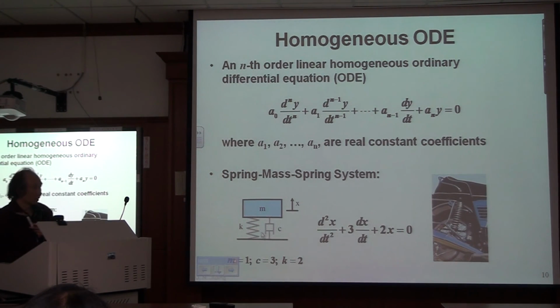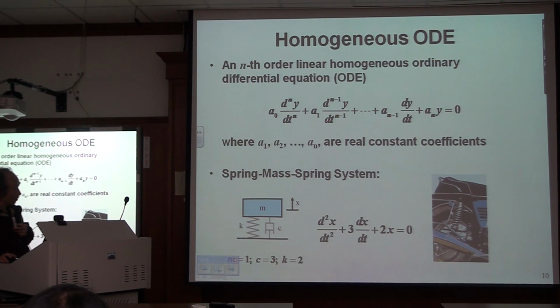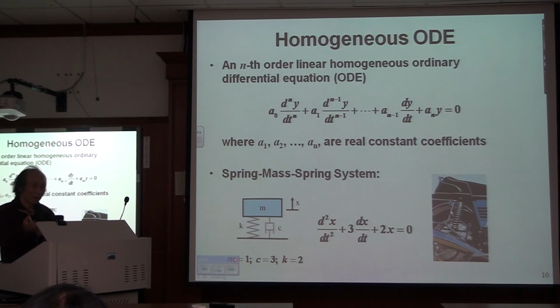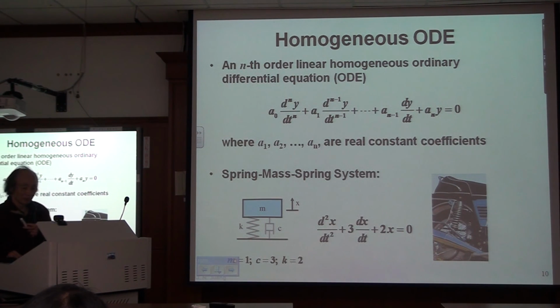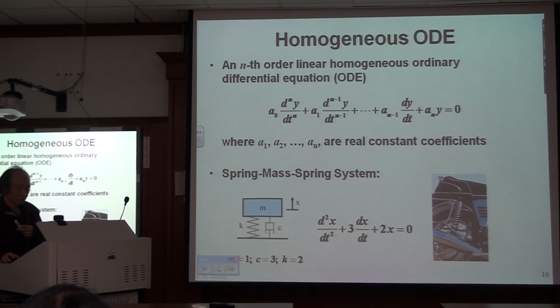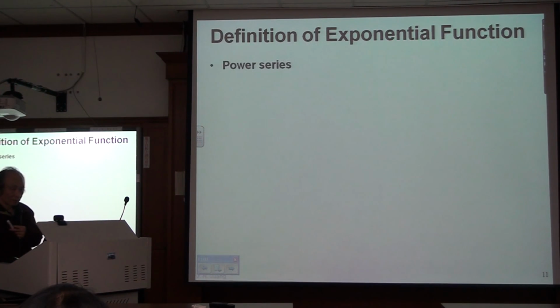You can see that's the spring and dashpot part here. And in your homework, I also show you how you model a vehicle or a motorcycle when it rides on the road. What kind of equation of motion you have. Based on that, you can solve it and see what kind of vibration you're going to get. And that's the equation of motion for this system, just for this simple system.